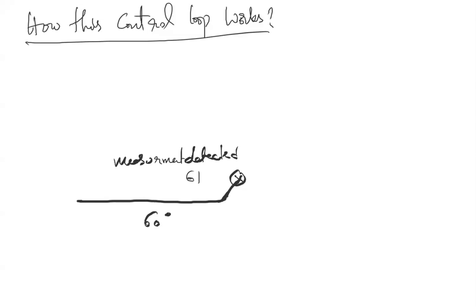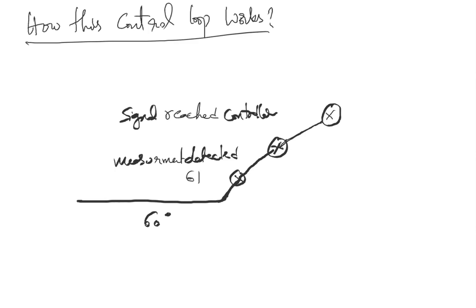So after measurement, immediately the temperature doesn't come down. No? So after measurement, the signal has reached the controller. Let's say the controller, when the temperature increases, what does it do?